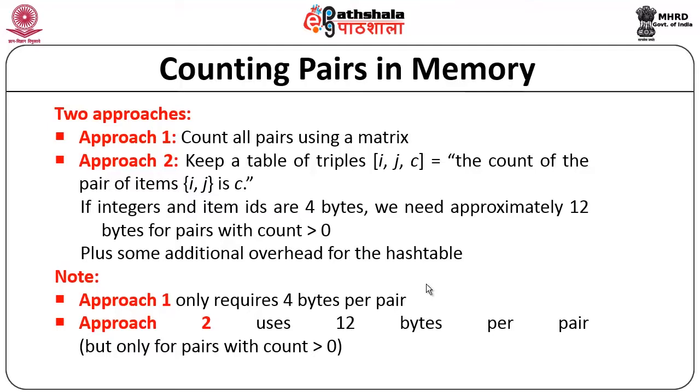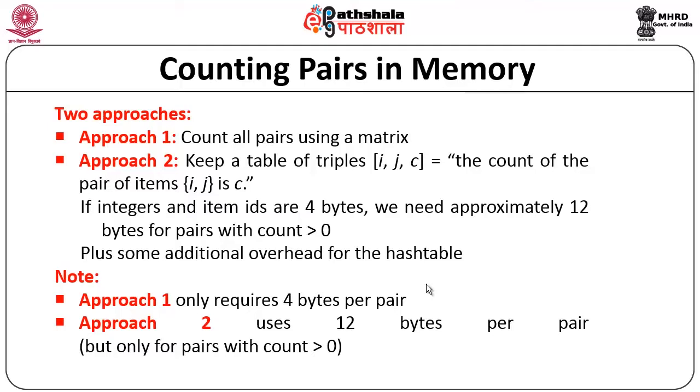Suppose the count is represented by 4 bytes. Then for the matrix, every cell will comprise 4 bytes of information. But in case you make use of the triple or the record approach, then for every piece of information, assume for the item you use 1 byte, therefore you have 2 bytes for representing the ith item and the jth item, and for the count you require 4 bytes.